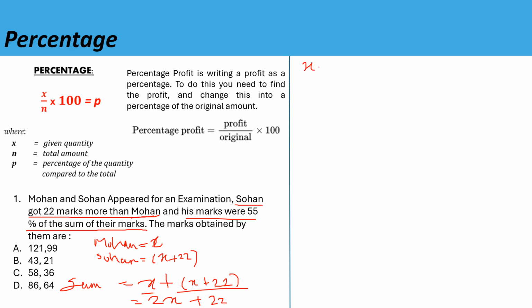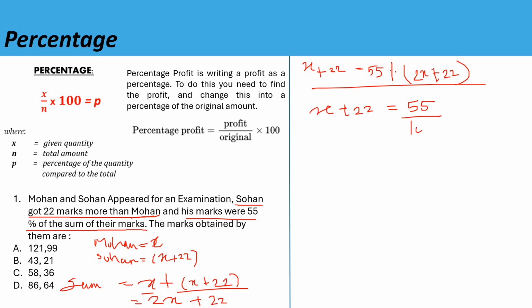It can be written as x plus 22, because Sohan's marks are 55% of the sum of their marks. So this is the equation that we got, right? So x plus 22 is equal to 55 divided by 100 into 2x plus 22.